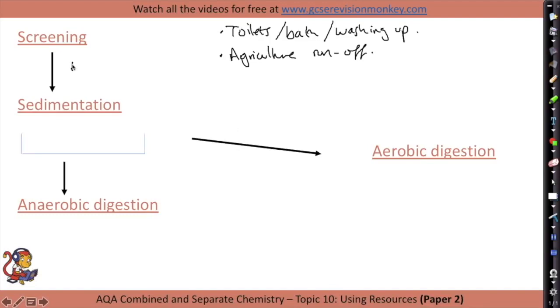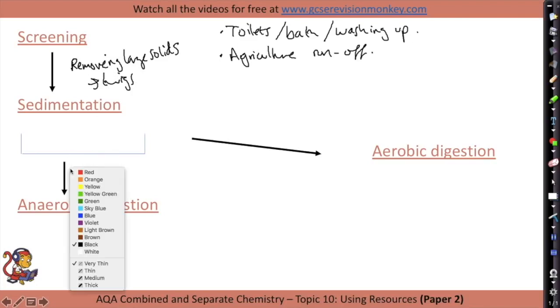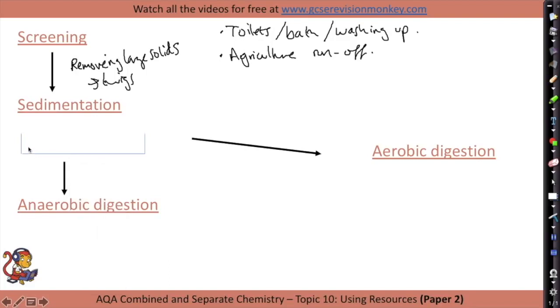First of all, then, there's a screening process whereby large solids are removed. A little bit like before when we were talking about potable water, you'd have a filter that removes any large twigs or anything that's in the wastewater. You then have a sedimentation process whereby you allow that wastewater to settle in large tanks, and when it settles you get two things produced.